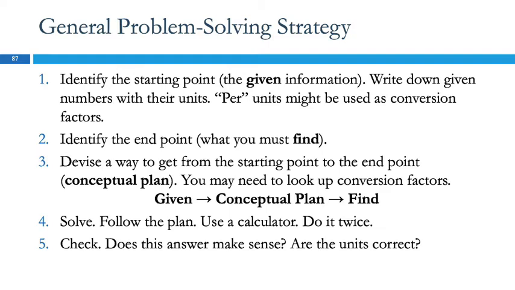Just keep that in my head. Then you want to figure out where you're going, the end point. What unit are they asking us to find, right? And then you figure out a way to get from where you are to where you're going, right? You might have to go look up some conversion factors.